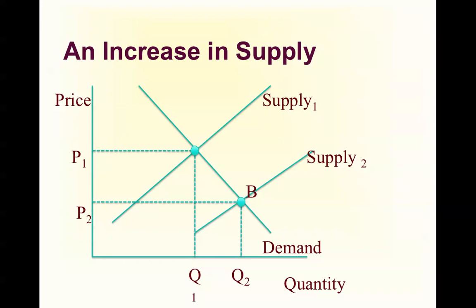So price must drop because consumers will only buy more and resolve the surplus if the price goes down. So we go from initial equilibrium, I guess I should call that A, which is that blue dot there at P1, Q1, to final equilibrium B. And that is the increase in supply. This finishes the 4 cases, and this also finishes Chapter 4 in Gregory Mankiw.